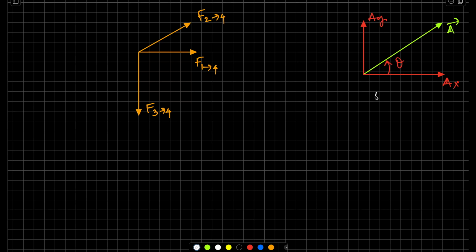The x component is touching the angle, so the x component is vector A times cosine theta. The y component is not touching the angle, so the y component is vector A times sine theta. Alright, let's do another one. Let's say we have another vector in this direction.